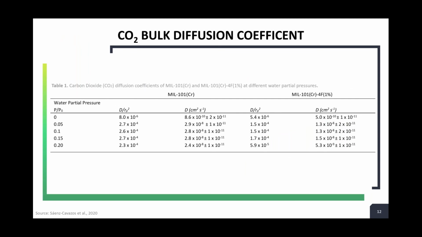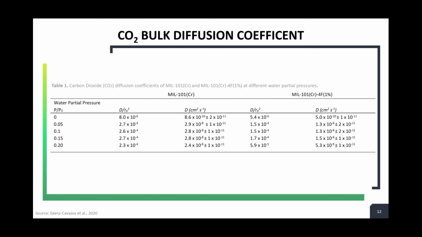A small increase in water, so when we go from dry form to 0.5% relative humidity, results in an easier transport of CO2 because water molecules adsorb on the most attractive sites for adsorption, for example, the open metal sites of the MOF, providing a more homogeneous surface and consequently allowing CO2 molecules to move more freely.